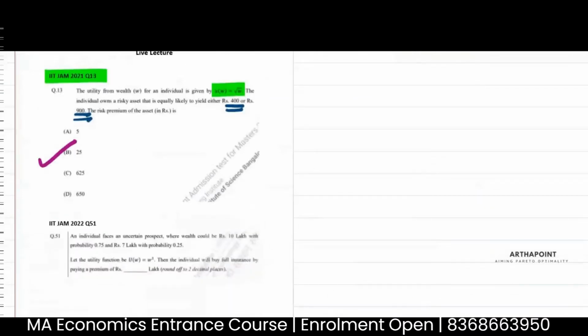Now just notice, this is very tricky. Why? 625 is what we calculated as my certainty equivalent. 650 is what we calculated as expected value.